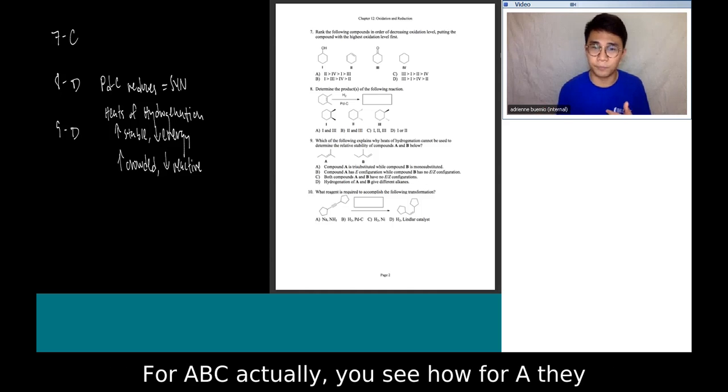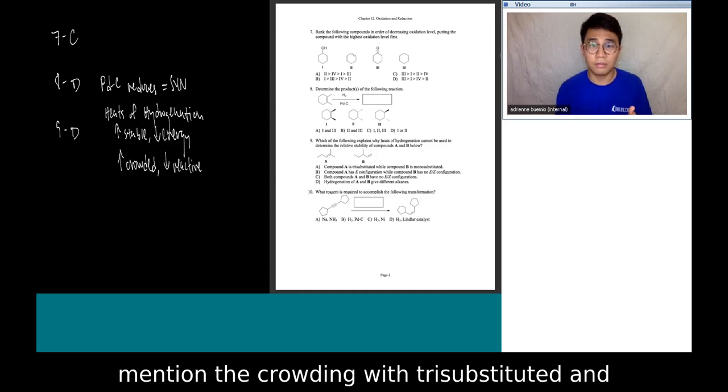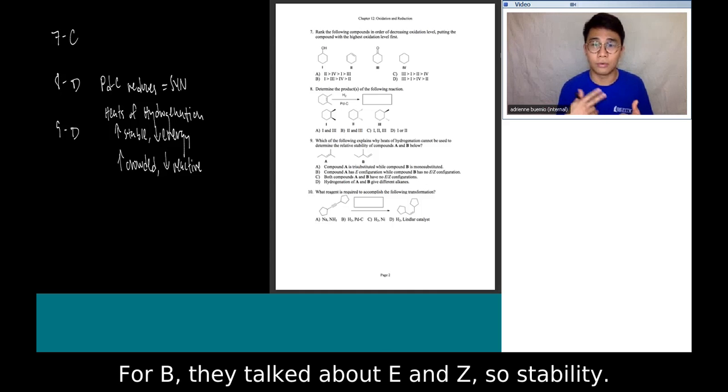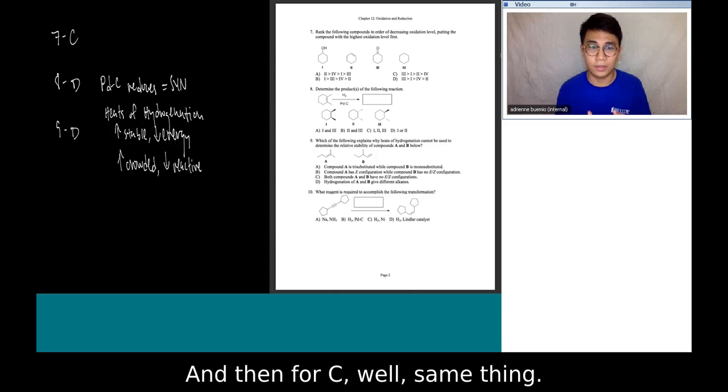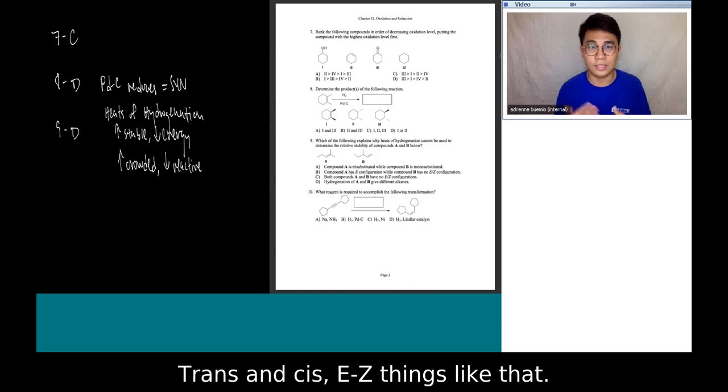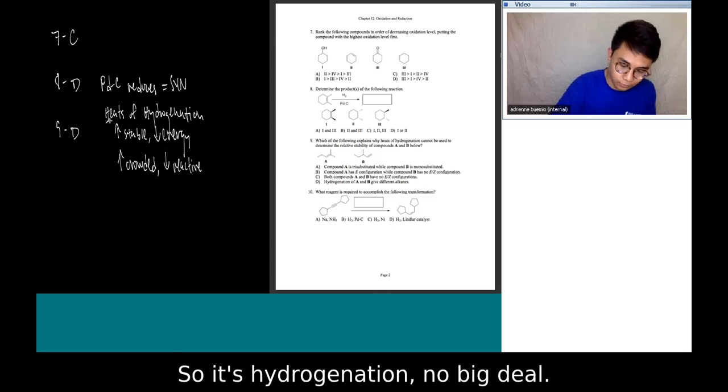And for A, B, and C, you see how for A, they mentioned the crowding, right, with tri-substituted and mono-substituted. For B, they talked about E and Z, so stability, again, right? We know trans is much more stable, things like that. And then for C, same thing, trans and cis, right? Easy. So it's hydrogenation, no big deal, right?